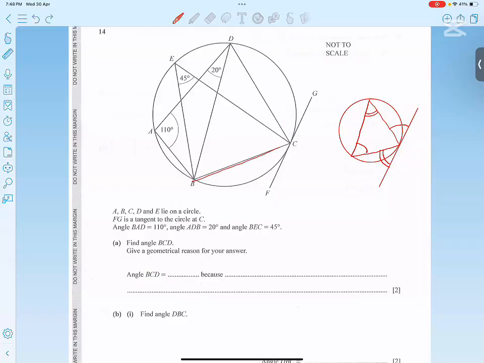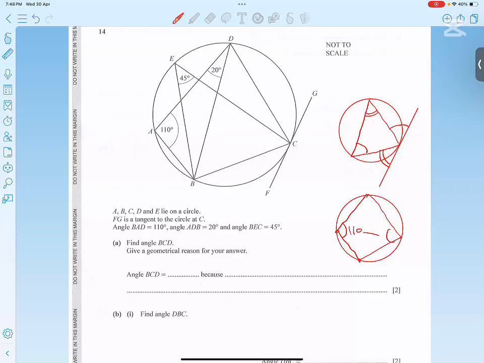So he is asking BCD, this angle he is asking for. But if you look carefully, we have another property. That one is a cyclic quadrilateral, a four-sided figure. I'm going to show you another one. Whenever we have 4 points lying on a circle, 1, 2, 3, and 4, and if I join them all, this is called a cyclic quadrilateral.